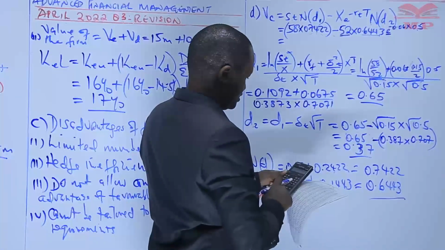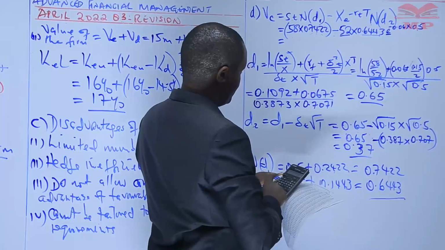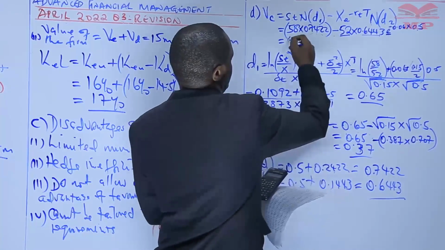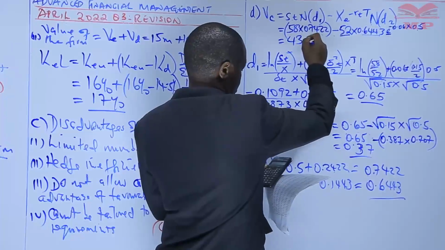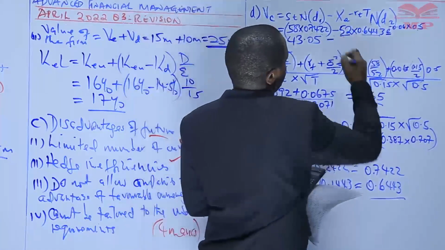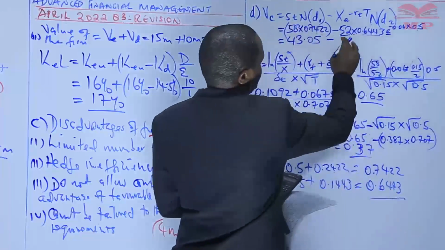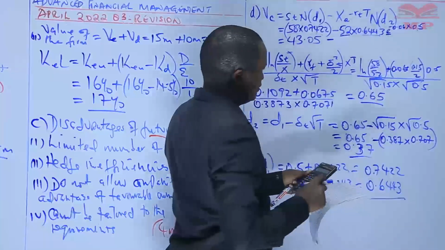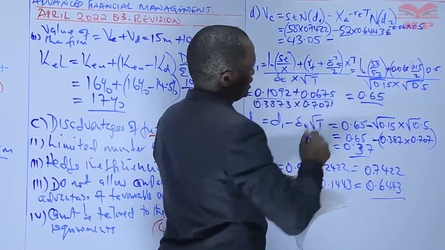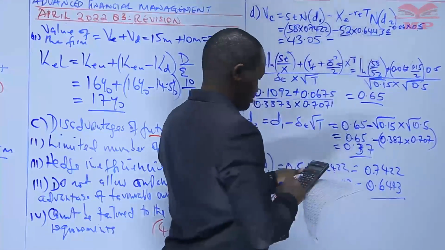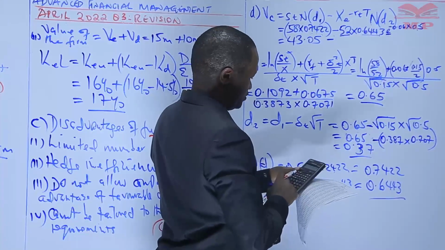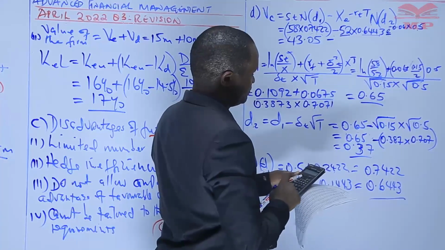58 times 0.7422 is 43.05, minus 52 times 0.6443.